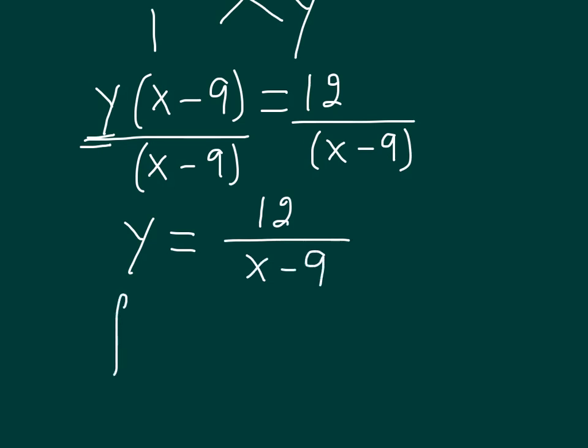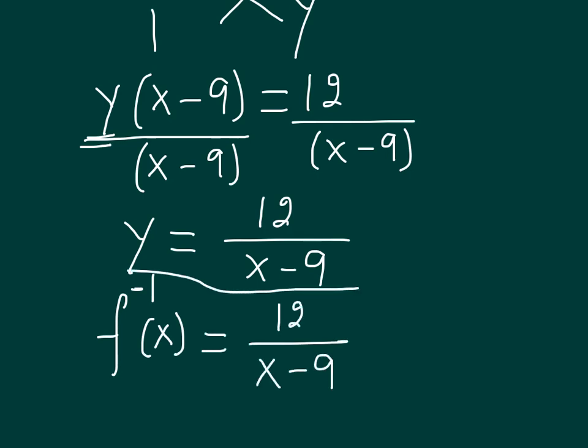This y is the inverse function, f to the negative 1 of x is equal to 12 over x minus 9. You can graph this one and see the symmetry. You don't have to, but I would like you to practice and go ahead and graph this one. And notice that the VA is swapped with the HA, and the x-intercept is swapped with the y-intercept.